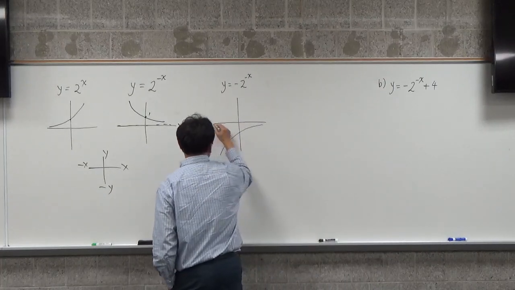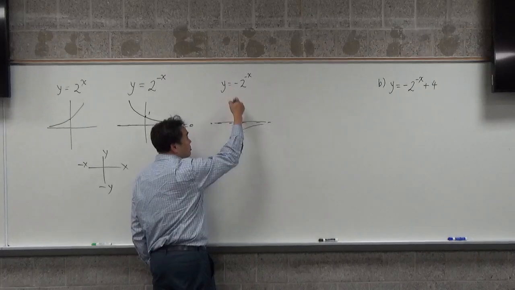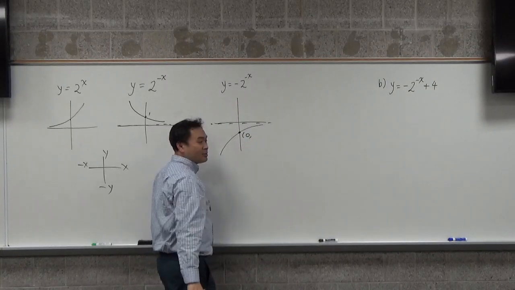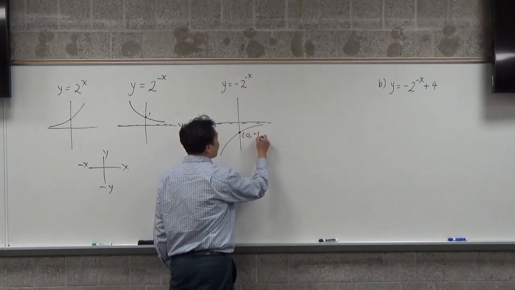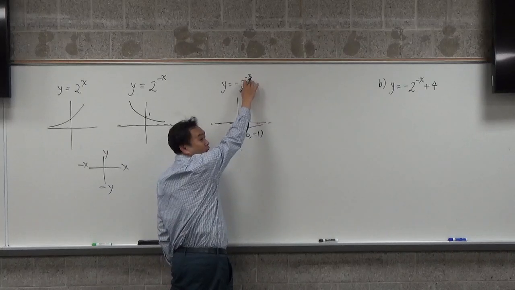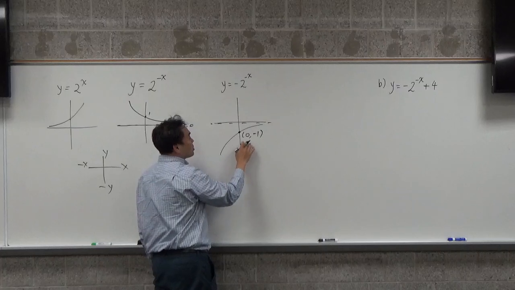Before we do that, let's agree on this coordinate. What's this coordinate for this graph? 0, comma, what? Negative 1. If you plug in 0, that's 2 to the 0th power, which is 1. Anything to the 0th power is 1, and you put a minus. So negative 1.